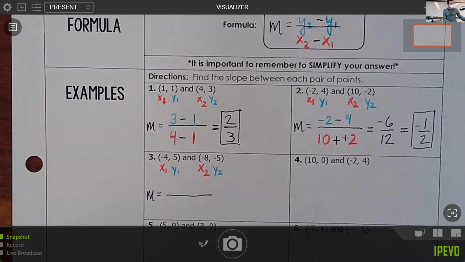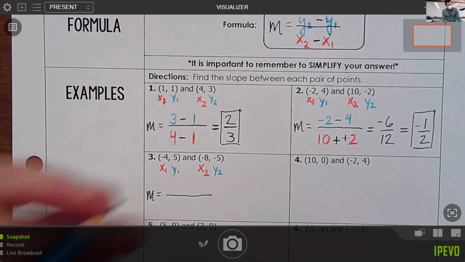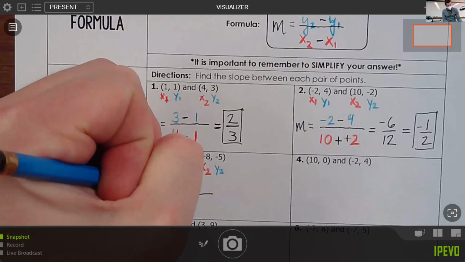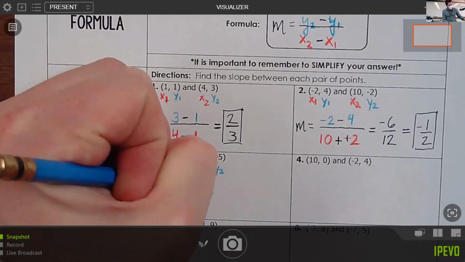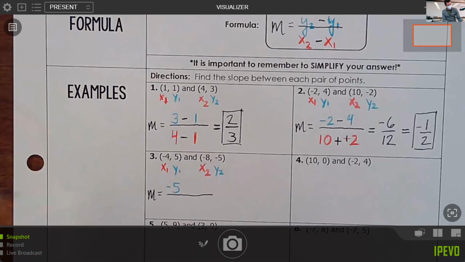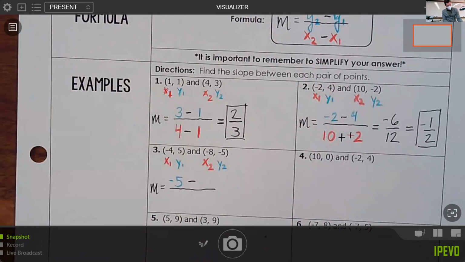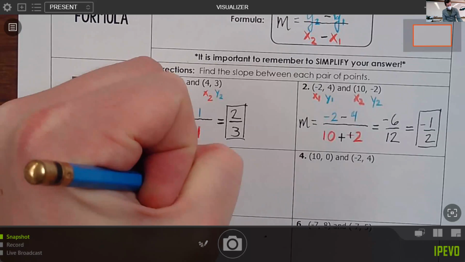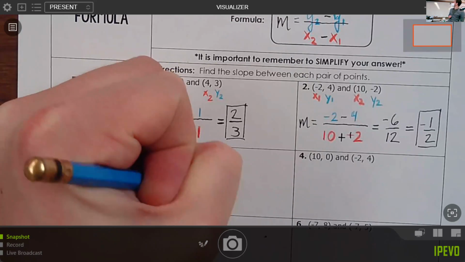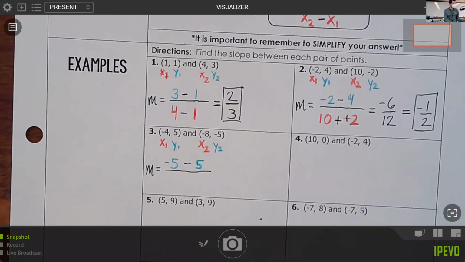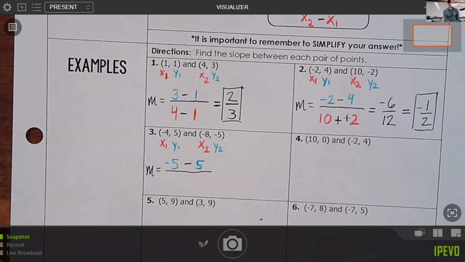-5 minus 5. I like it. So y2 has its own negative, so that's -5, and then minus the other 5 there for y1. Now on the denominator, the bottom, what subtraction problem are we going to write? -8 minus -4.